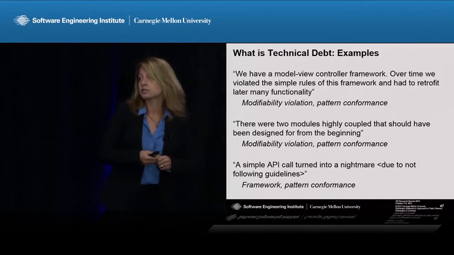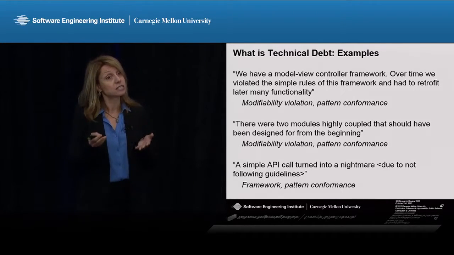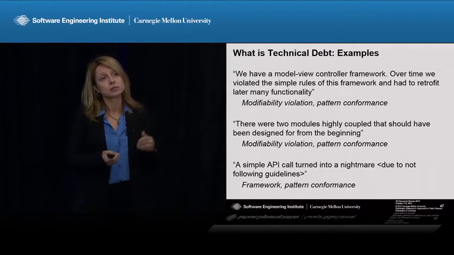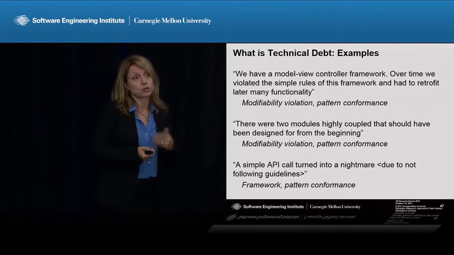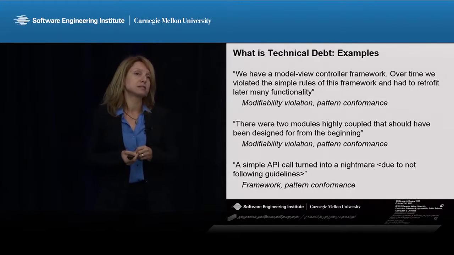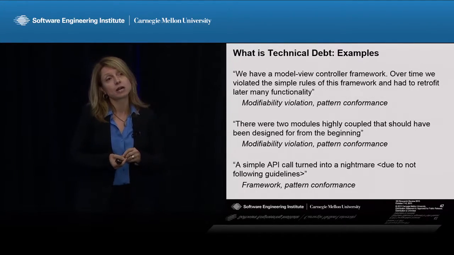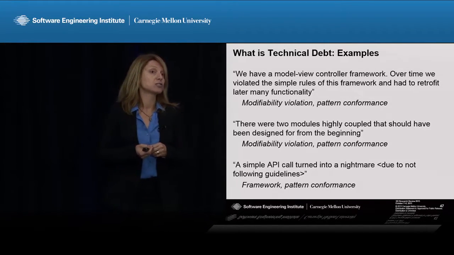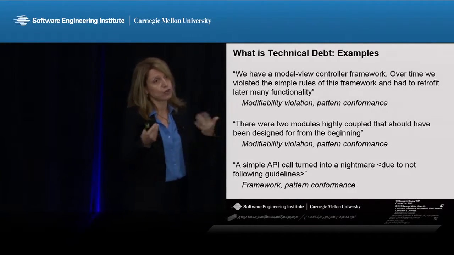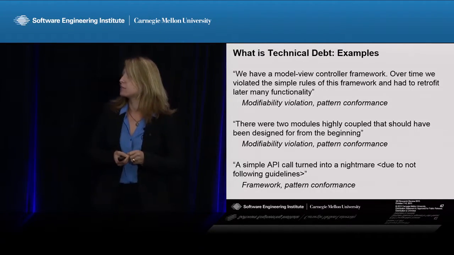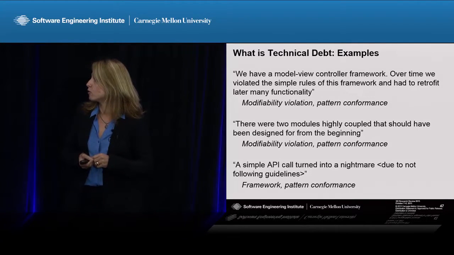This was a contractor working with a DoD organization, and it was a successful system at the end of the day. But they had to spend a lot of money afterwards to redo it. Because they were trying to do a demo of the system initially, they did not follow the model view framework pattern, and they had to do a lot of retrofit afterwards. So if I bring this back, this is a typical framework modifiability violation or pattern conformance issue.